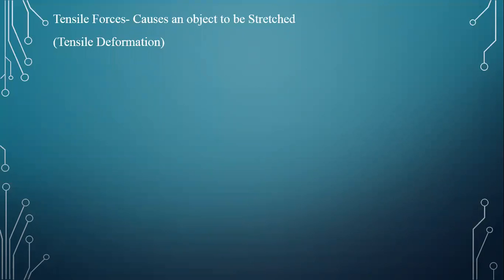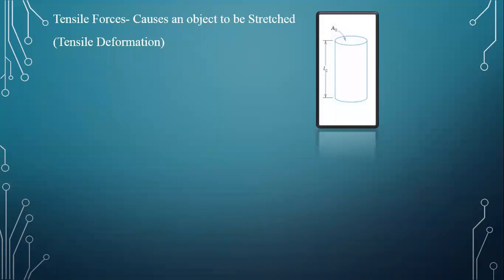So this deformation is called tensile deformation. For example, there is a wire whose length is represented by L naught, and whose area of cross section is represented by A naught. This is the initial or original area of cross section and the original length of that piece of wire.